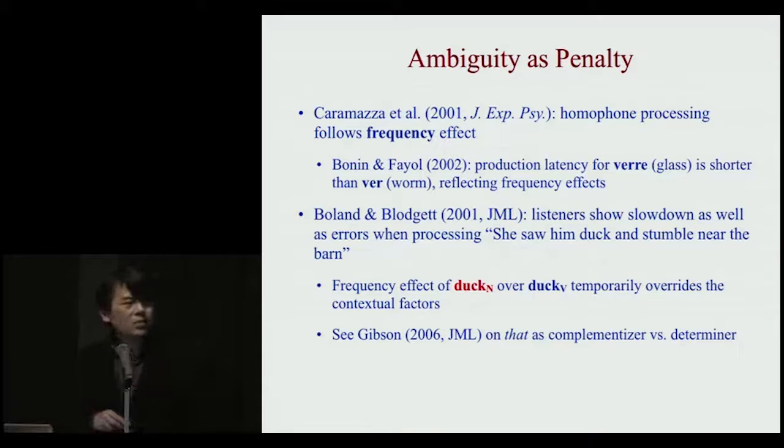So people were initially interpreting duck as a noun. This is why they have slowdown, because that wouldn't make any grammatical sense, even though the preceding context is very clear that this cannot possibly be a noun. Okay, so this suggests when we process homophones, we actually go for the more frequent form first. This is true regardless of even part of speech, because you should be having a verb here, but you actually hear a noun first.